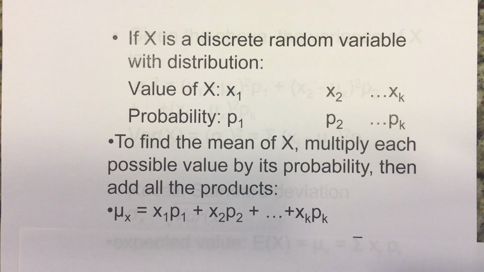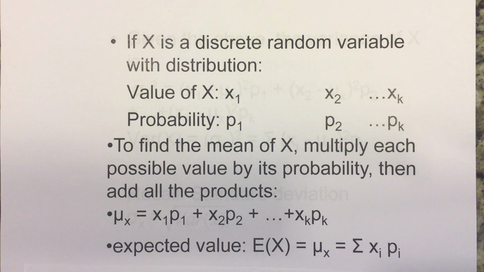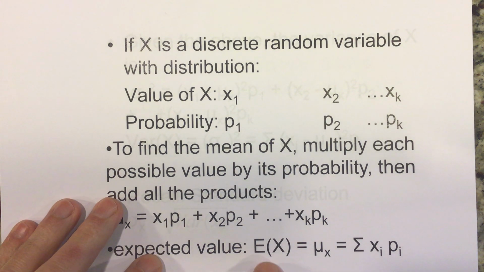Now, this formula is, of course, on your formula sheet. Here's how it appears on the formula sheet. It's labeled capital E of x for expected value of x. It's also labeled mu sub x for the distribution's theoretical mean of x. And there you go.